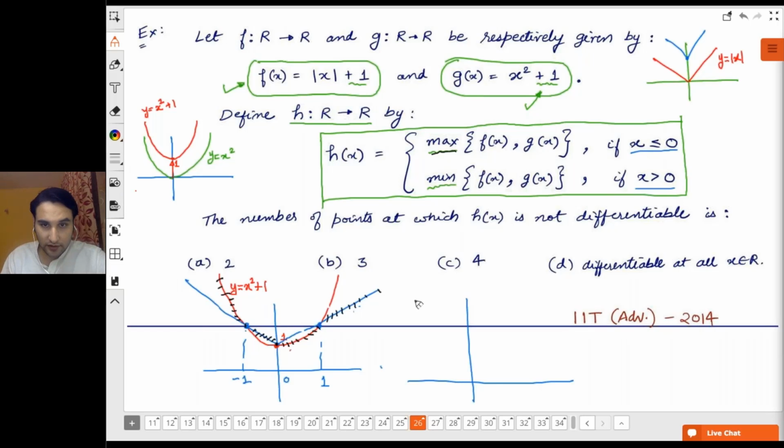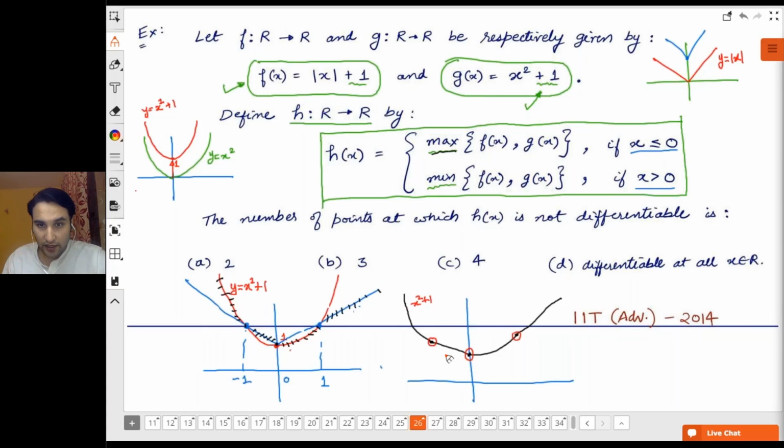पहले तो आता है ऐसे. First it comes like this. ठीक है? After that, it goes like this. After that, it goes like this. And after that, it goes like this. ठीक है? So this is where the function is changing: here, here, here. So this is the straight line. So this is x square plus 1.